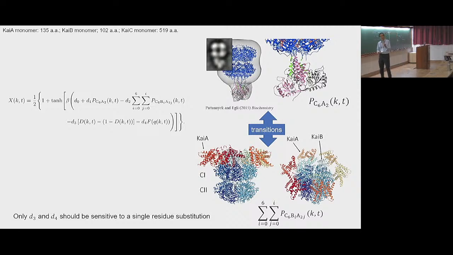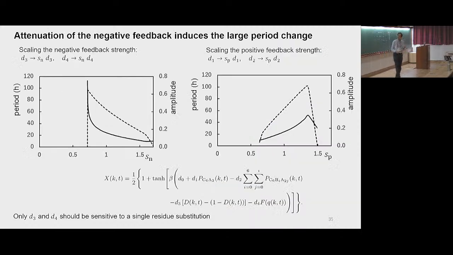So this should be sensitive to a single amino acid residue substitution. So our assumption is that this case, without changing D1 or D2, but changing D3 or D4, should correspond to the case of a single amino acid residue mutation at the C1, C2 domain interface.